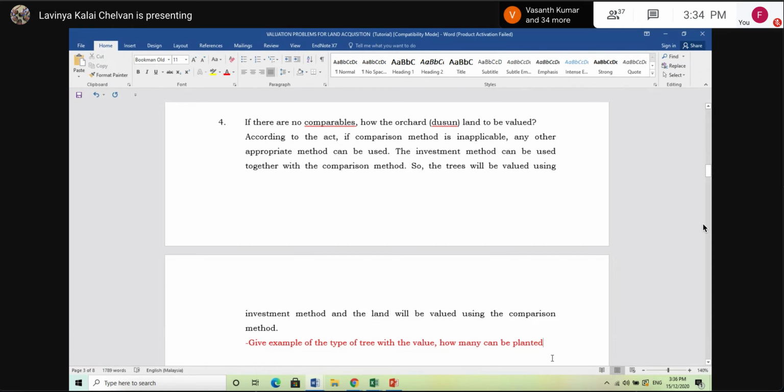Hello, doctor. I cannot hear you clearly, Lee Wan. He said, is the investment method can be applied to value dusun land? The question is very simple. For rental, yes, I think. For rental. You just give the out-of-context question and then I want you to answer yes or no. Yes. Yes, okay.